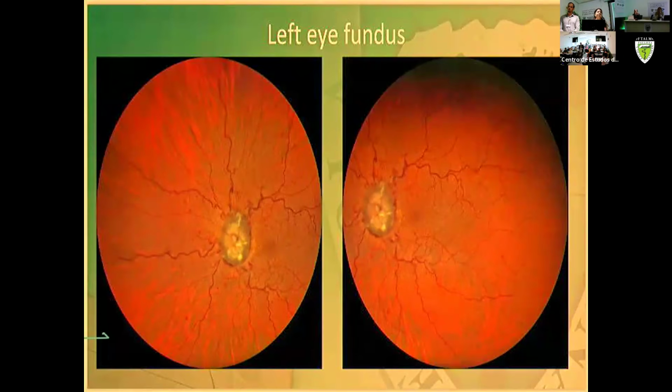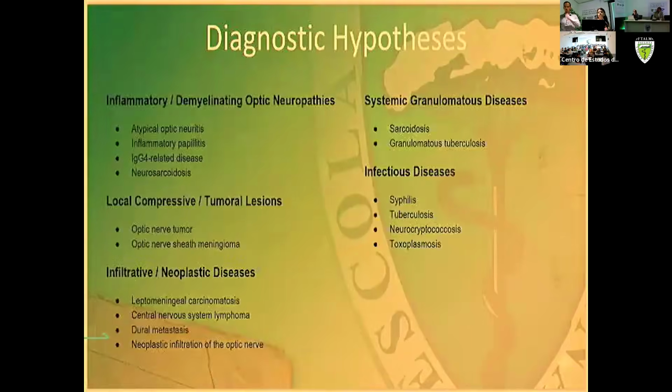So when I see such a huge edema, I have to think about compression, even direct compression by a tumor, for example, or an infiltrative pattern, or perineuritis. And perineuritis is very related to pain with movement, and it begins before the beginning of the visual loss. It is a very suggestive case. So when we go to the diagnostic image, you can see the image.